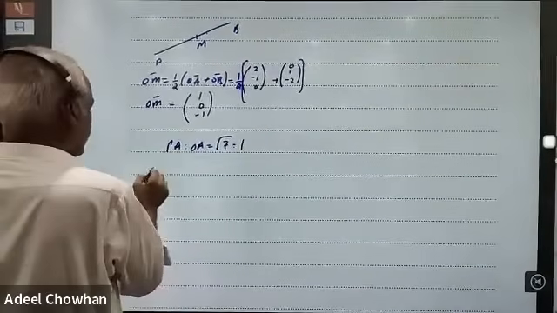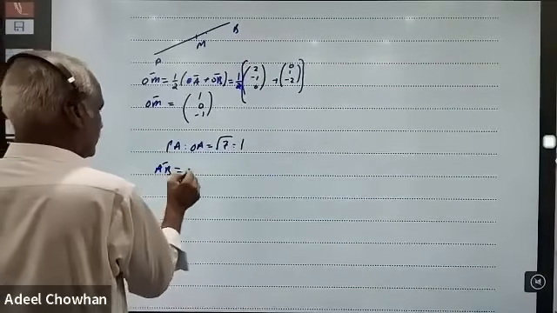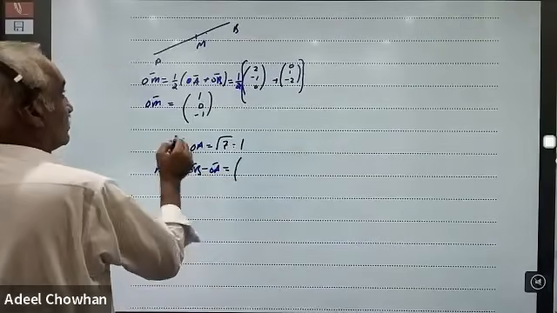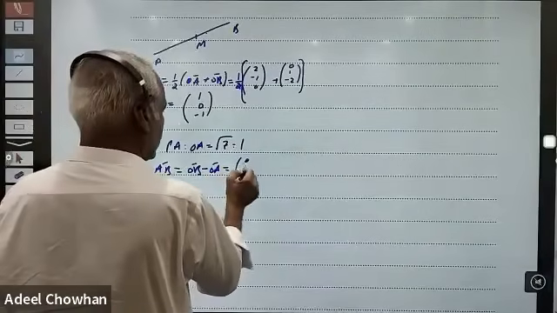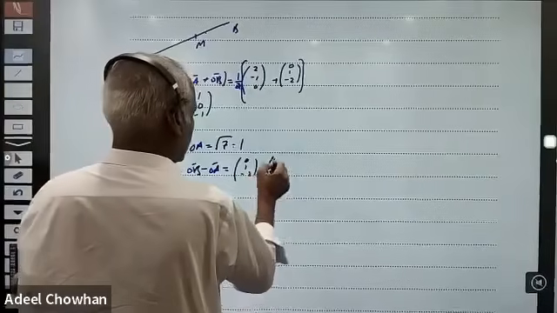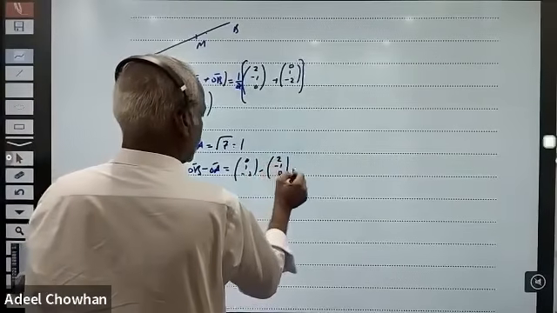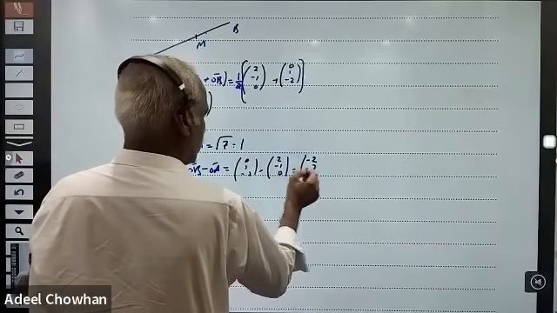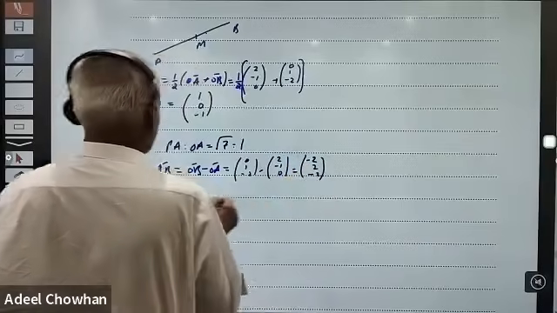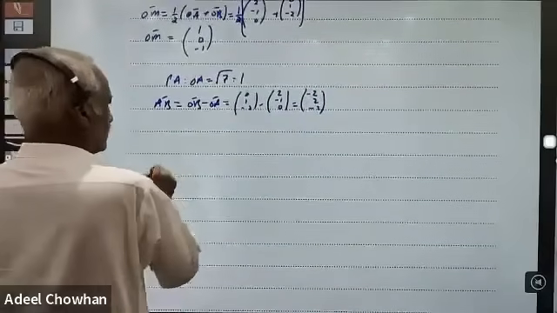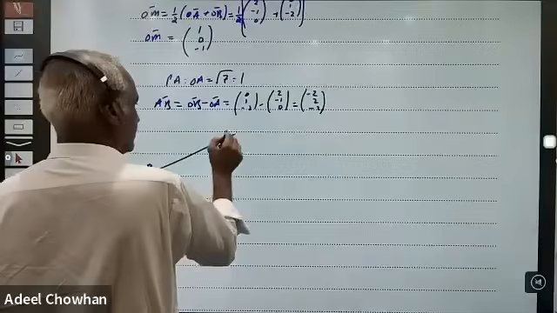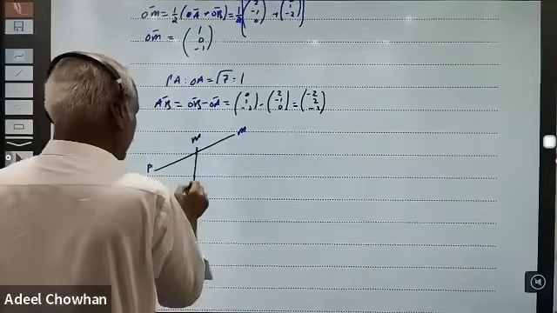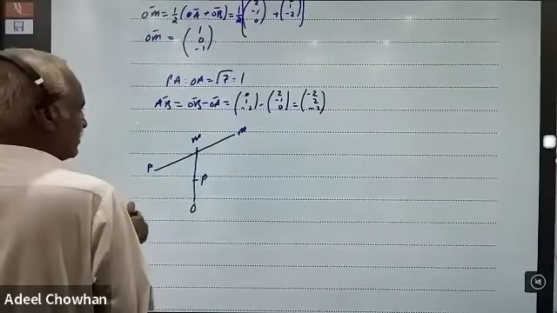So AB is equal to OB minus OA, which is (0, 1, 0) minus (2, -1, 0), so that is (-2, 2, 0). So this is your AB, this is your M. Let's say that is O. P is going to lie at this position.